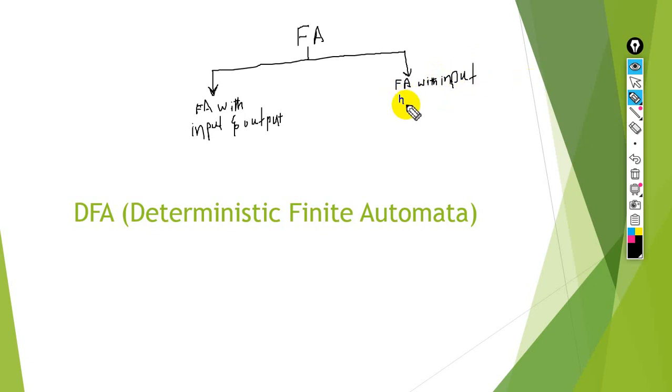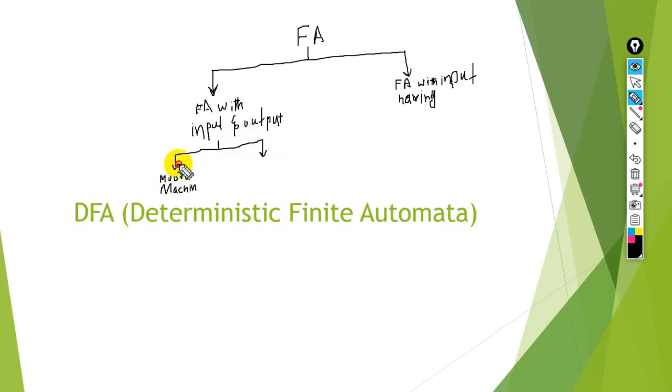There is no representation of output here; we are not writing the output, we are just writing the input letters. The examples of FA with output are the Moore machine and the second one is the Mealy machine.